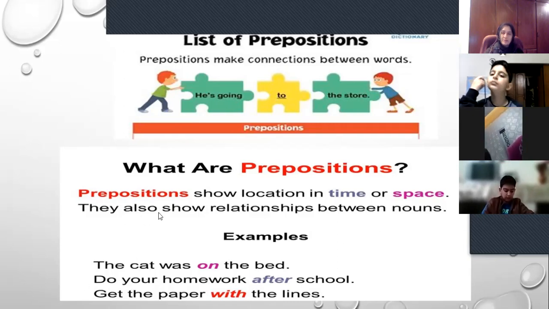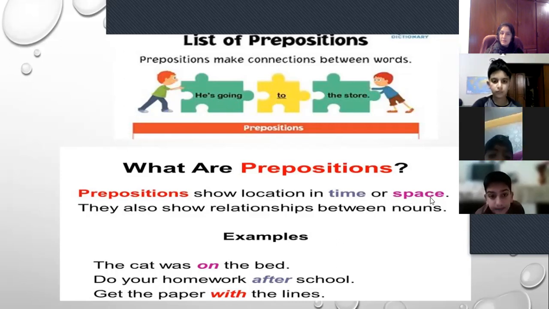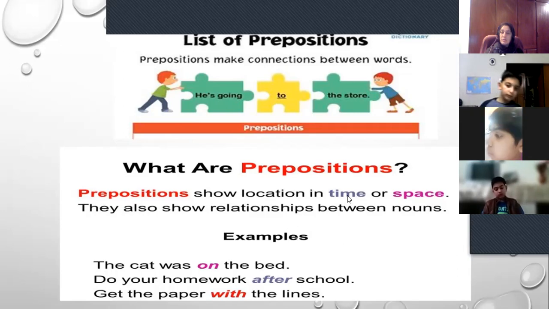If we look at the exact definition of preposition, it says over here, prepositions show location in time or space. They also show relationship between nouns. So time or space is basically identified in the sentence and they show the location in time or space as well. As you can see the example below, the cat was on the bed. So over here, the location is being defined.